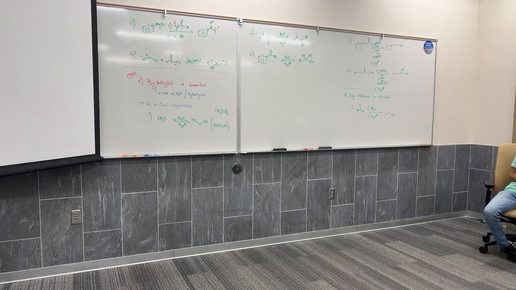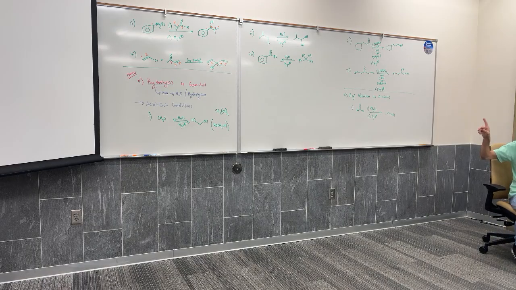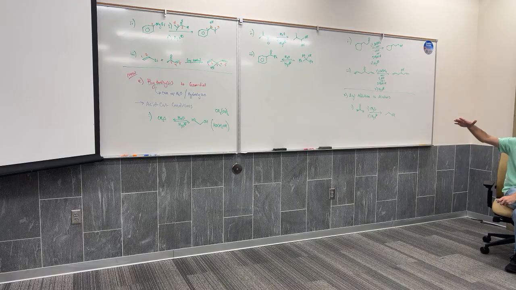Now I do want you guys to think about the conditions here. These equilibria lie more heavily towards the carbonyl in most instances, but they're not equal to each other.